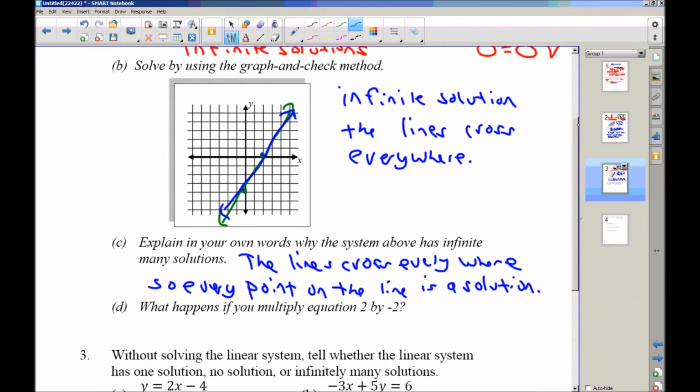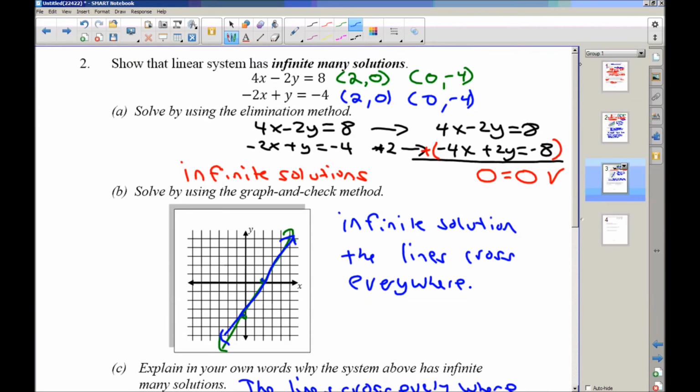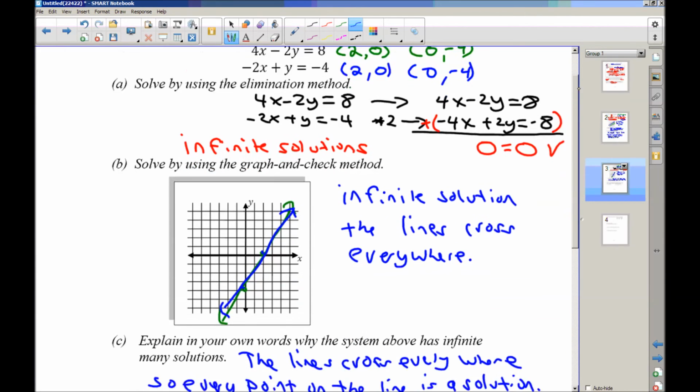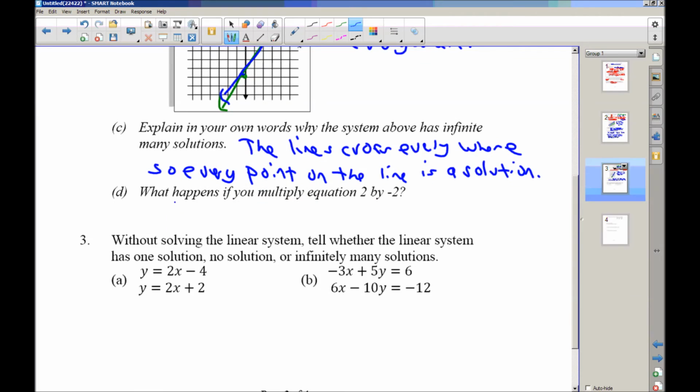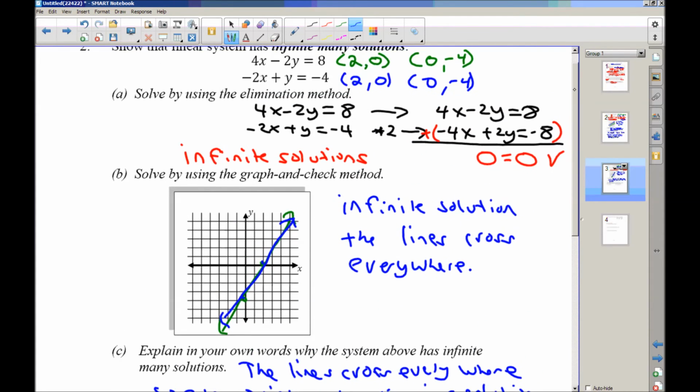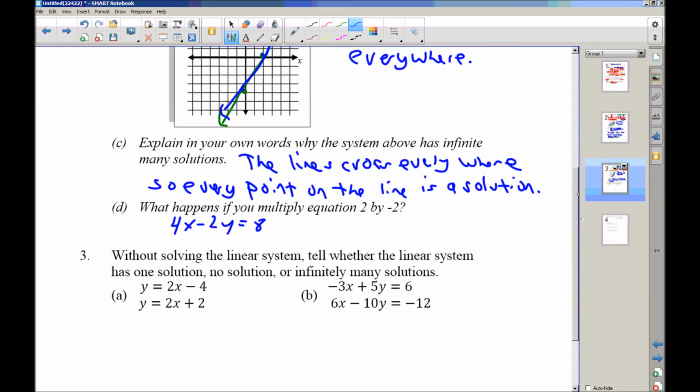All right, so what happens if you multiply equation 2 by negative 2? Well, let's take a look back up here. So we'll write down our two equations. 4x minus 2y equals 8. And the other equation was negative 2x plus y equals negative 4. Okay, and we want to times the second equation by negative 2.